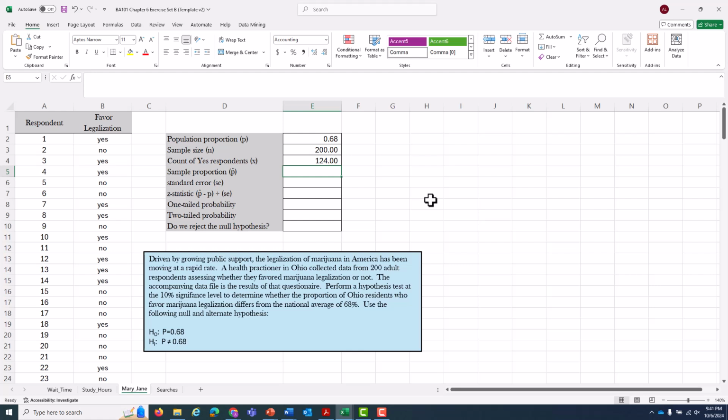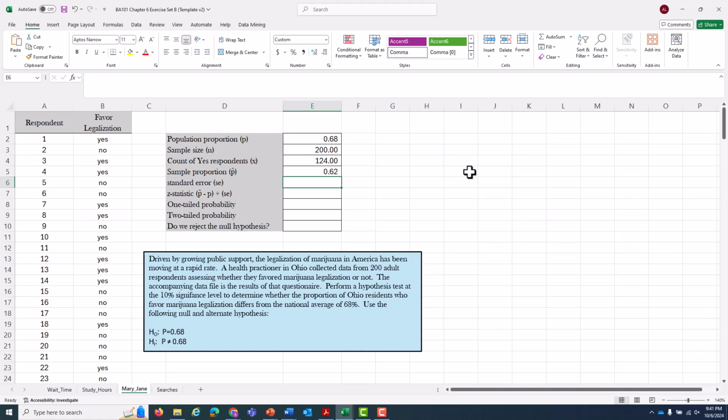So what is the proportion of our sample that said yes, or our P hat, P bar, or whatever you want to call it? It is simply the number of people that met the criteria divided by the sample size. So 124 divided by 200 is going to come out to be 0.62. 62% of our sample said that they were in favor.